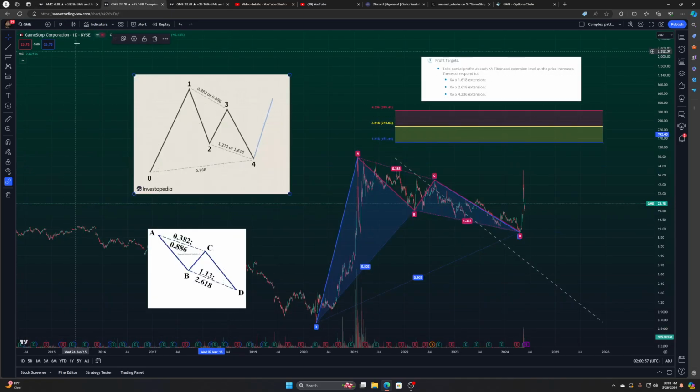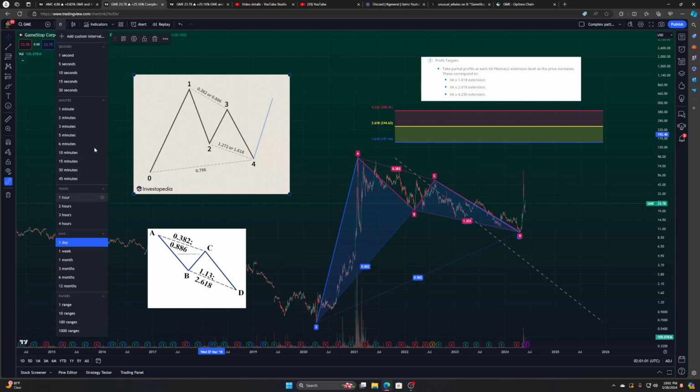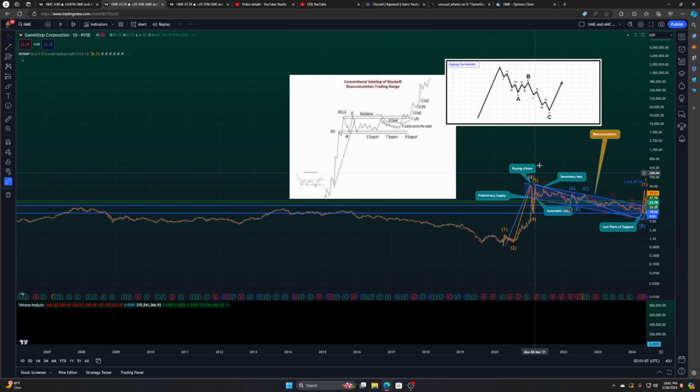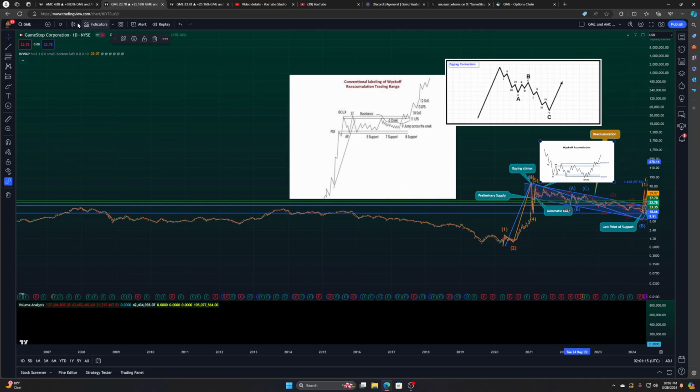Our GME plan on the daily, we can go over this again. Actually, this is on the other chart, the GME and AMC Wyckoff charts. Let me put this right here and make this larger.